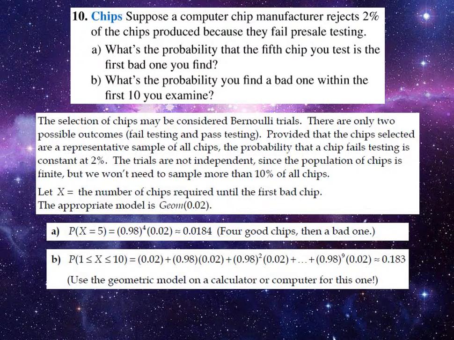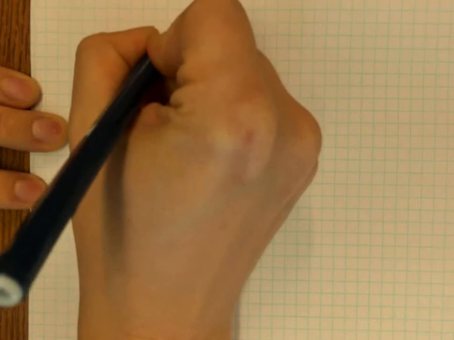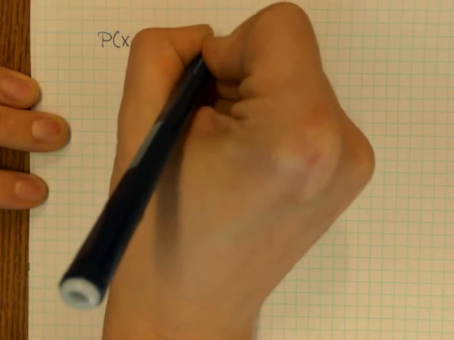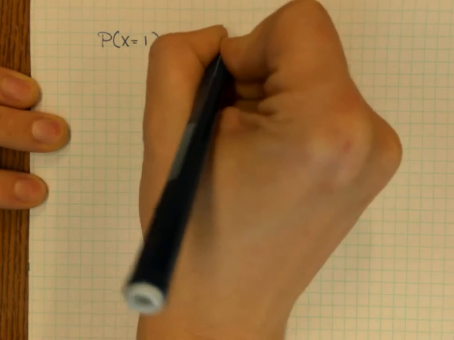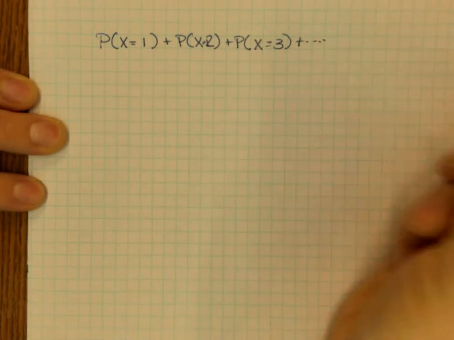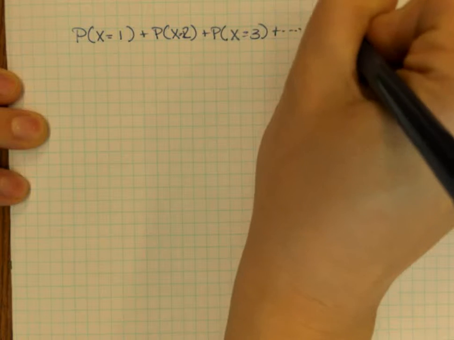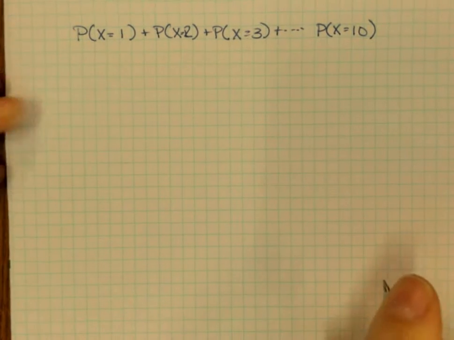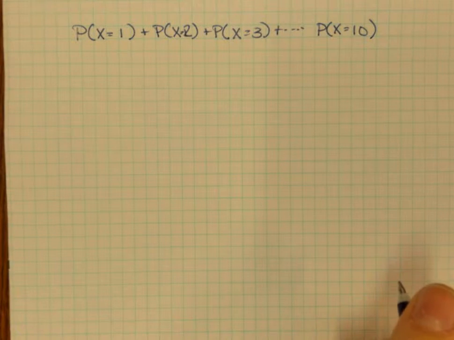You could sit there if you wanted to, and you could physically calculate out the probability that the first fail is on the first one, probability that the first fail is on the second one, probability that the first fail is on the third one, and on and on and on until you get to the 10th shot. But that is just way too much.